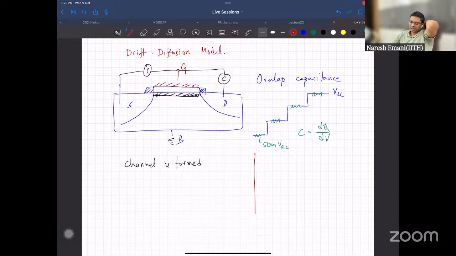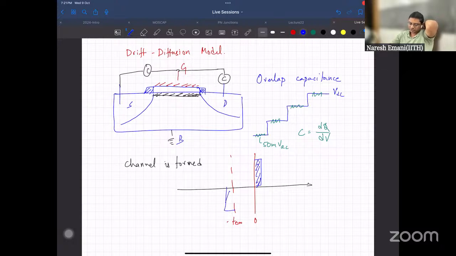If you have a device like this, let's say this is my 0 and this is my minus TOX. If I want to bias this in accumulation, I'll have holes, so a hole charge like this. These are all holes that are accumulating.